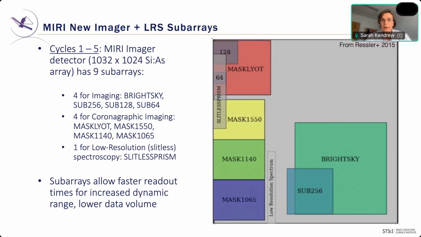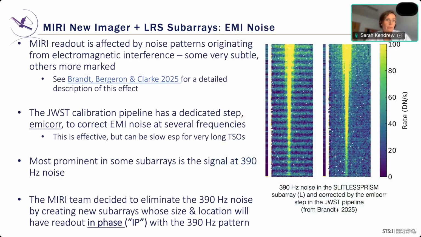Now, from quite early on in the mission, we had noticed some problems with our subarrays in that a number of them were affected by electromagnetic interference noise patterns. Some of these noise patterns are subtle. Sometimes it is a lot more marked. It depends a bit on which subarray and also on the exposure configuration.